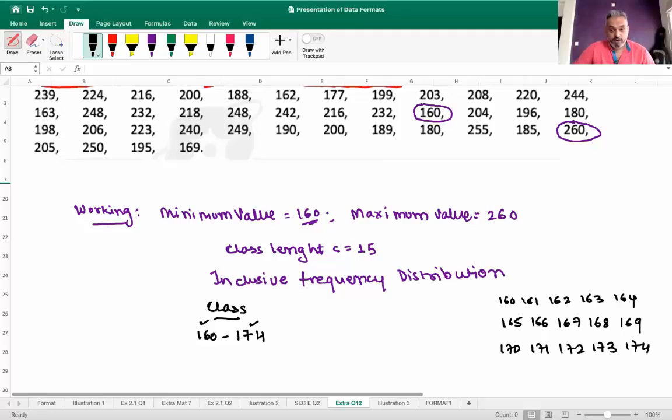So you count over here 1, 2, 3, 4, 5, 6, 7, 8, 9, 10, 11, 12, 13, 14 and 15. So class interval 15 आ गया.